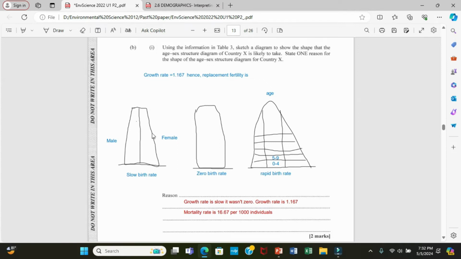My reason is, when I look at the growth rate, it is above 0. When the growth rate is 0, remember I said the population would be the same.